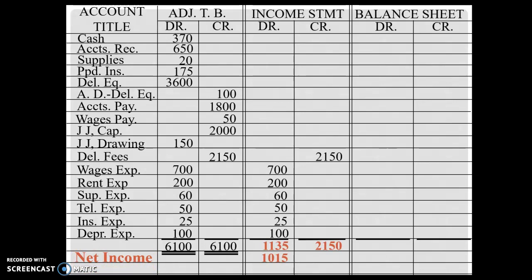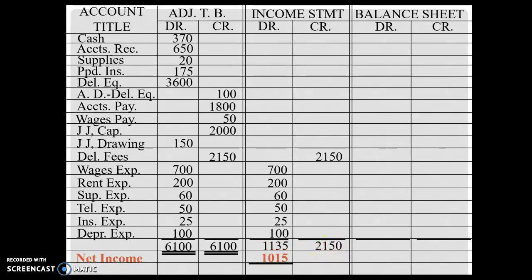Now I can total up the 11.35 and the 10.15, and 21.50 plus 0, and now the two numbers will equal.